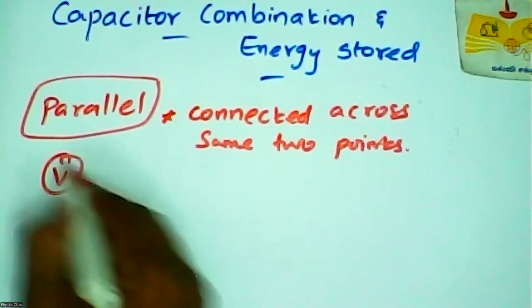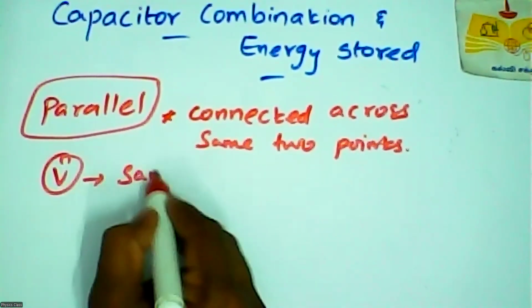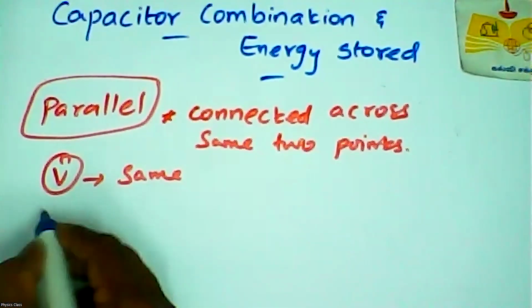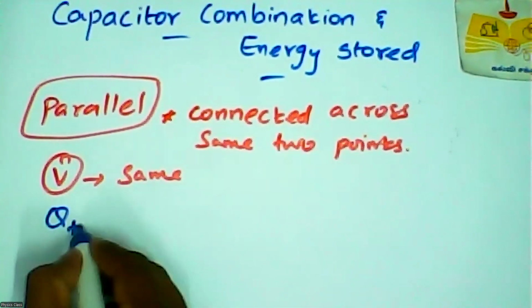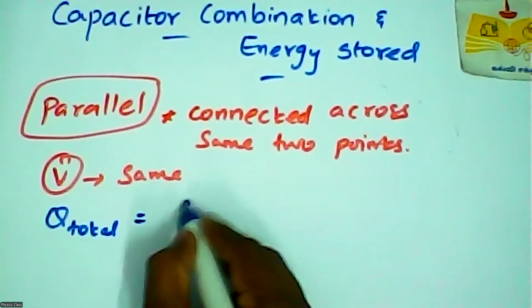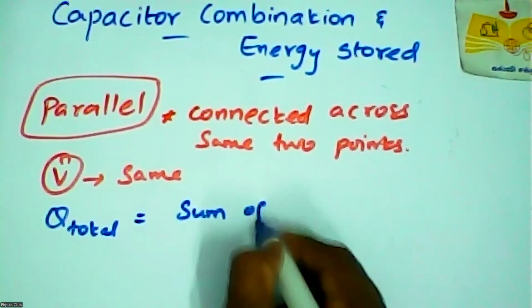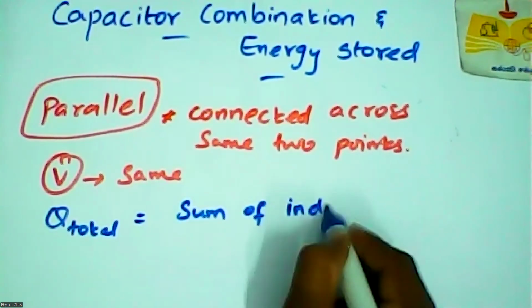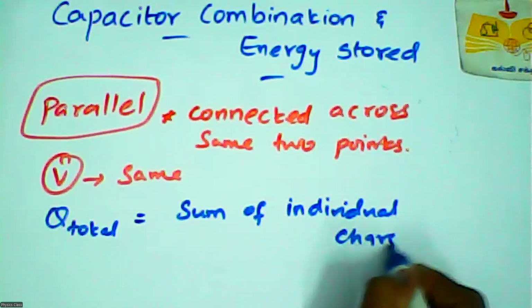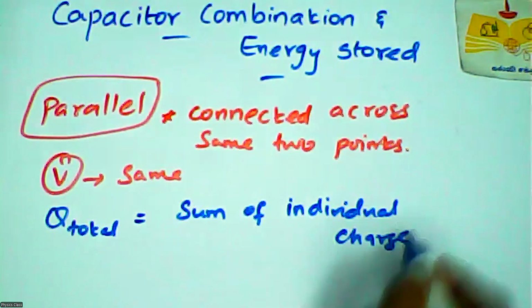Voltage is the same across each capacitor. Voltage V is the same across each capacitor. Total charge, Q total, is the sum of the individual charges.